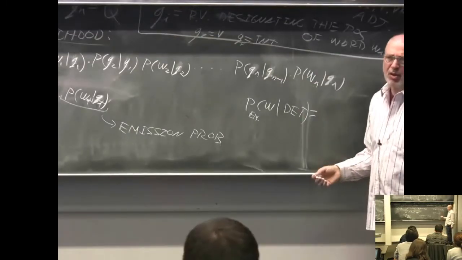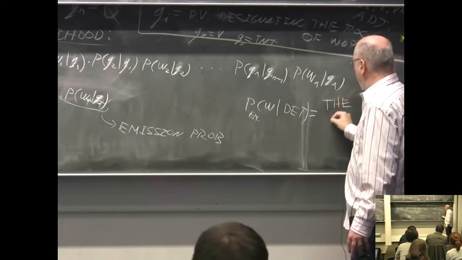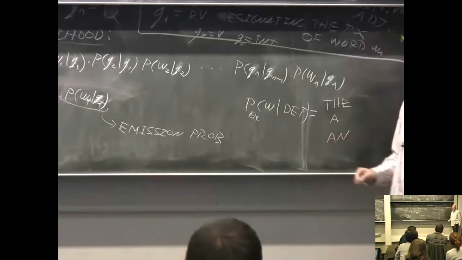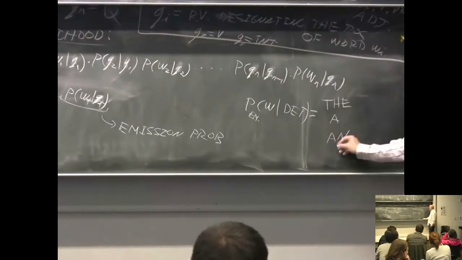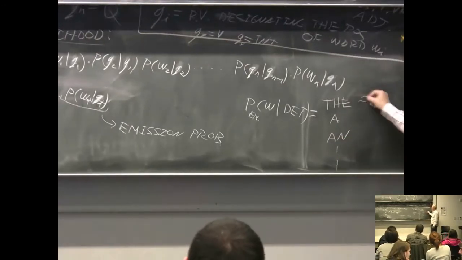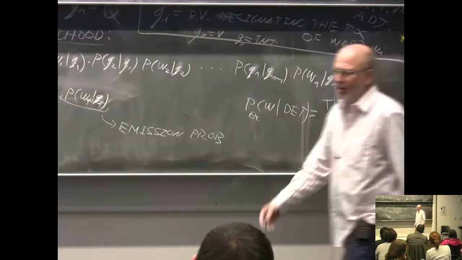Just 3, no? The, A, and An. Are there more? Depends on how you define determiner. Okay. So there might be more. But there will be some probabilities here. And all the other words might have 0. Or you might assign them a small probability.